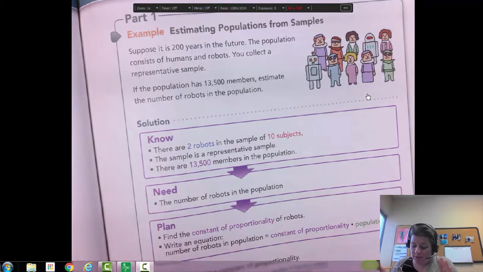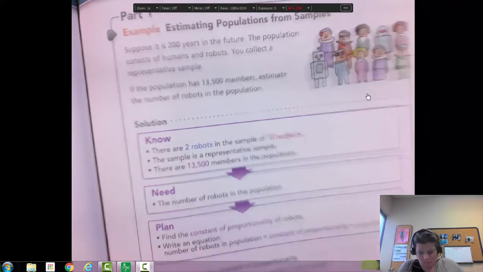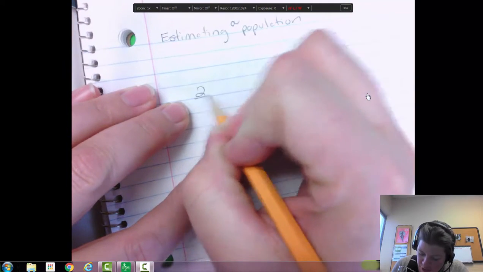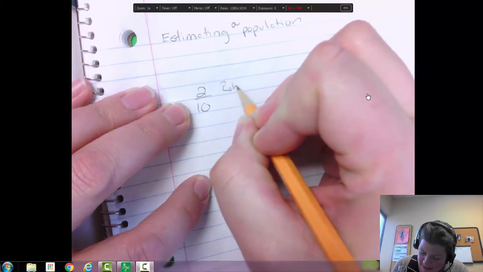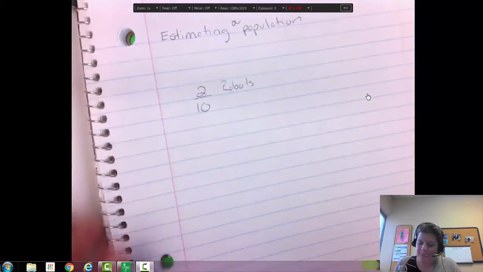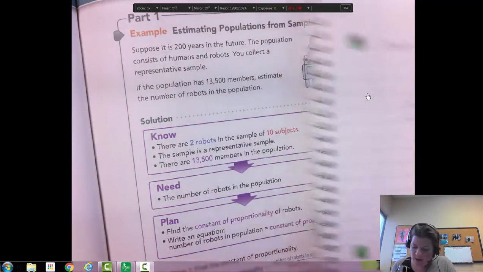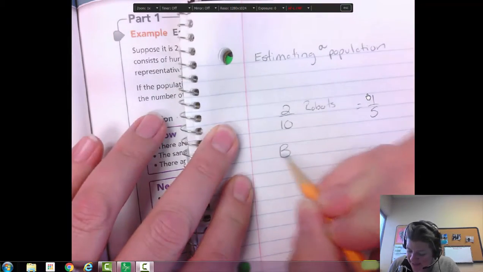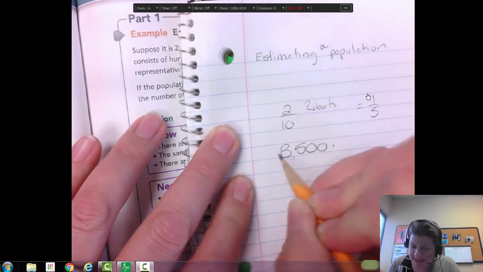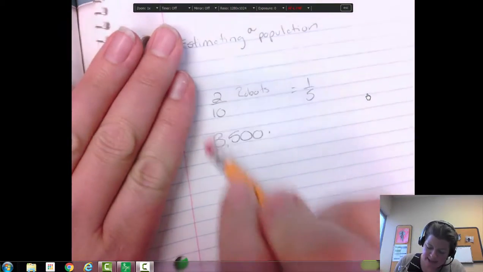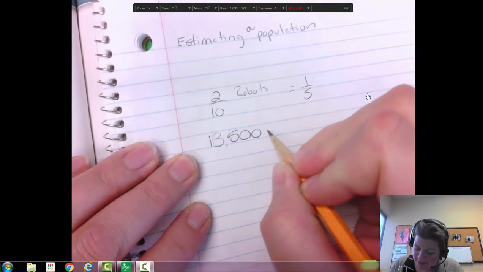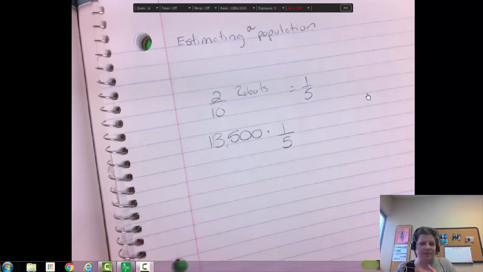So if I think about, let me find a piece of paper real quick. So I have that relationship is 2 robots to the total, right? And that's going to reduce to a fifth. And I want to know how many out of the 13,500. So I would take the 13,500 and times it by that 1/5 or divide it by 5.